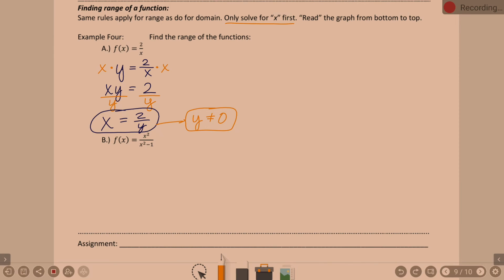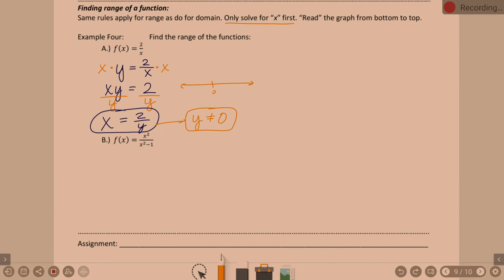Any square root to worry about? No. This is probably the only issue. Now, if y cannot equal 0, you can write interval notation at this point. I know these are y's, but you can think about it just like we did on the previous problem. If y cannot equal 0, what's that mean?